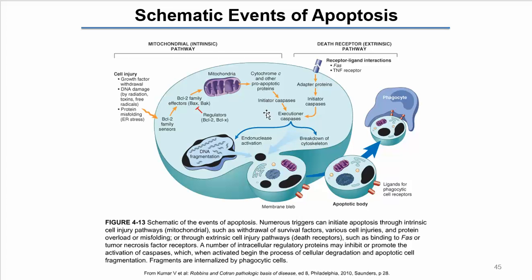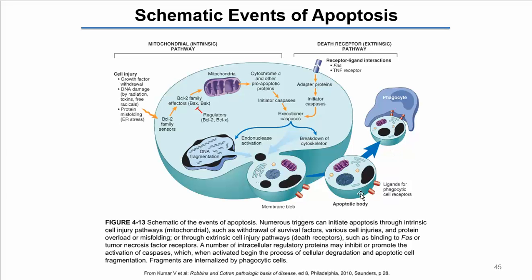The takeaway from this is that the nuclear membrane starts to form these blebs, these bulges, with lots of contents of the cytoplasm in there. These break off into what are called the apoptotic bodies, and the apoptotic bodies get phagocytized by the macrophages, where they're broken down and their components released and reused.